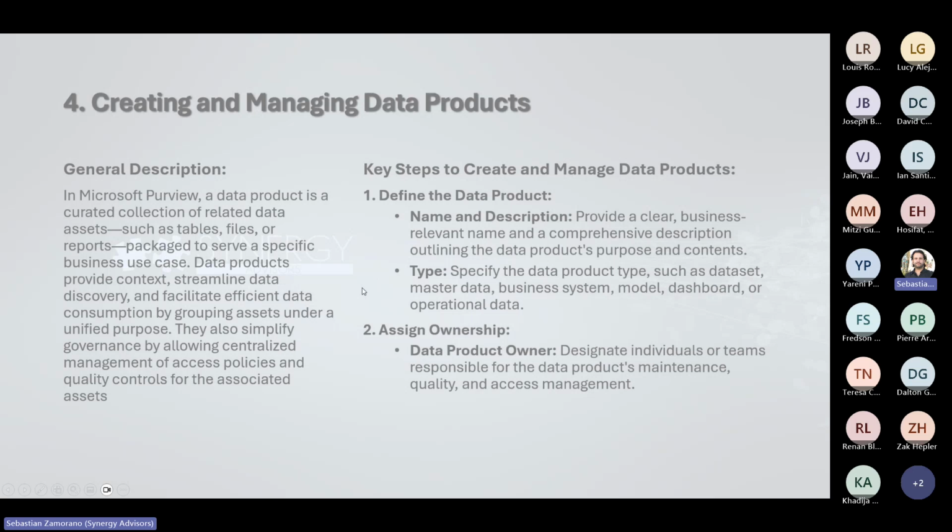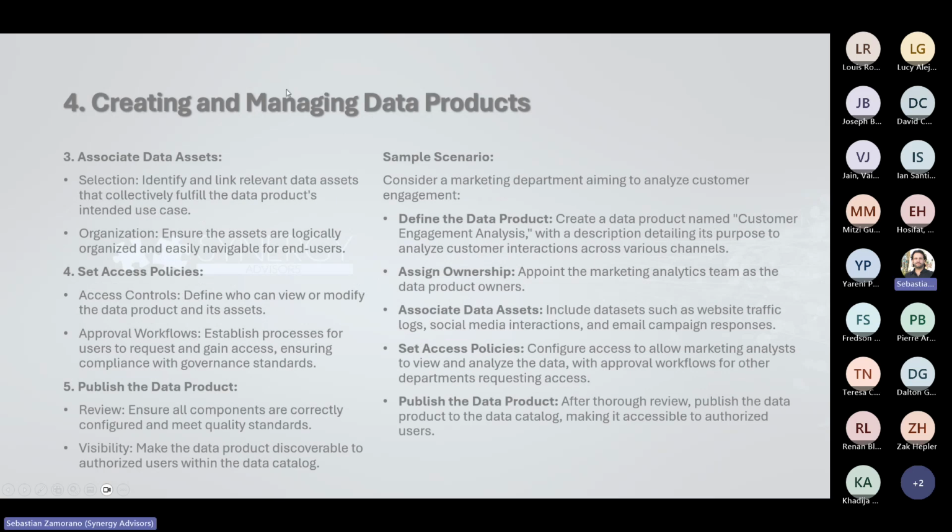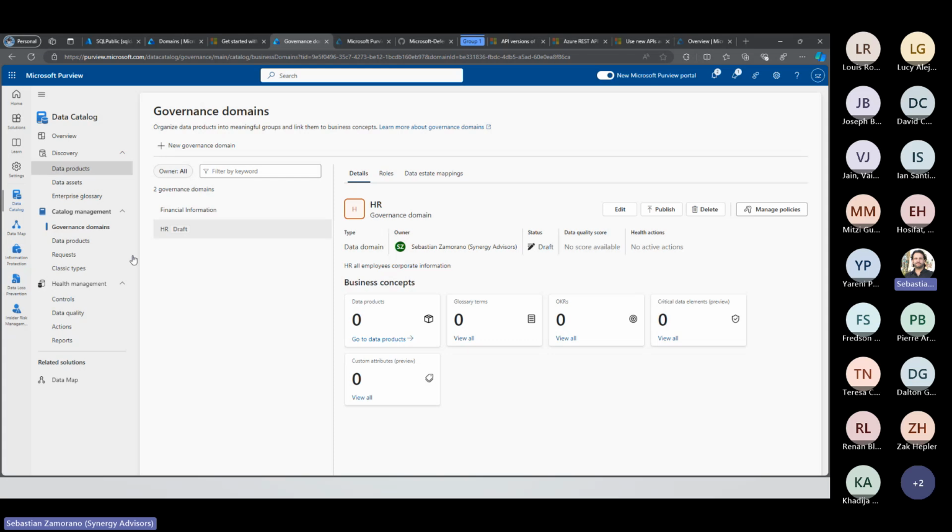Let me go here. We need to establish the associated data asset, set the access policies, and publish the data product. Here we have a sample scenario for me to understand this step a little more. Let me go to the scenario. This will be in draft until we publish it.